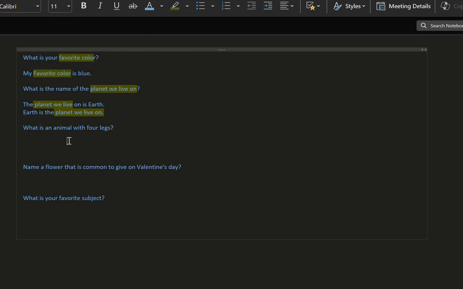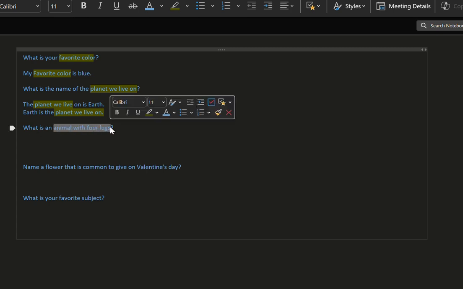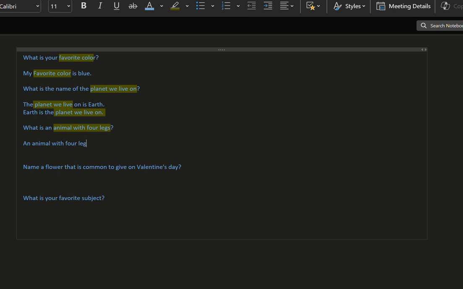Okay, so what is an animal with 4 legs? The most important part here is animal with 4 legs, and obviously this can have a plethora of answers, but we're going to highlight this so we know what the important part is that we can use in our sentence. So we could put, an animal with 4 legs is a cat. As you can see here, animal with 4 legs reappears again.